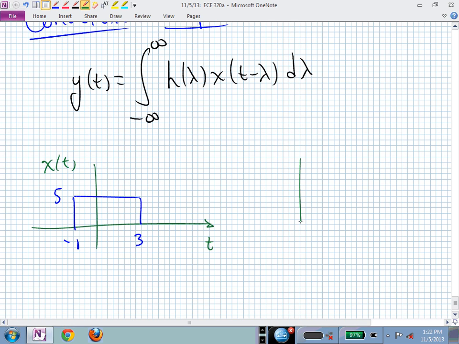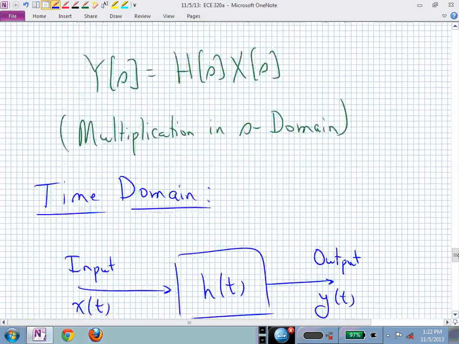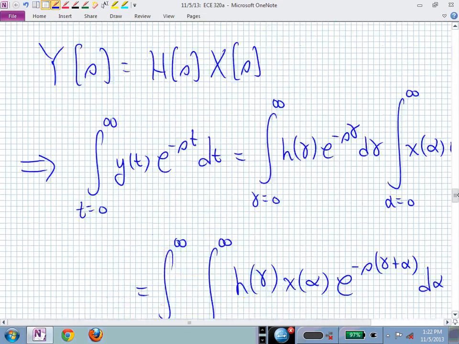And maybe the impulse response starts at 2 and has an exponential decay of e to the -2t. And that could be the impulse response of a low-pass filter. We just derived the impulse response of a low-pass filter somewhere.